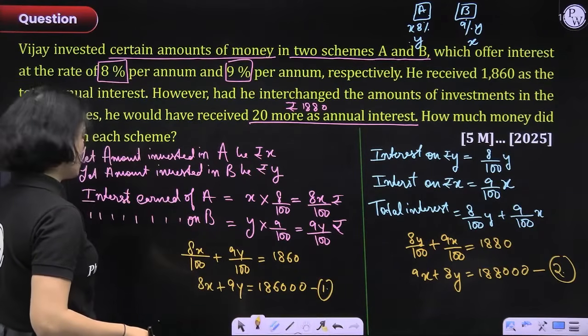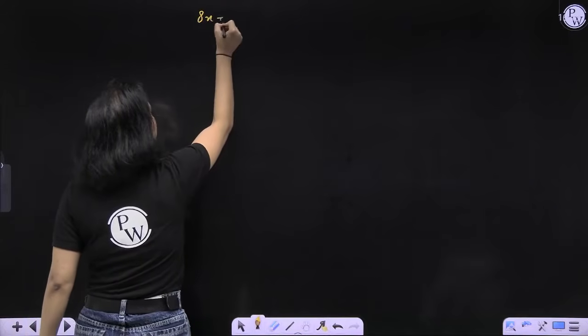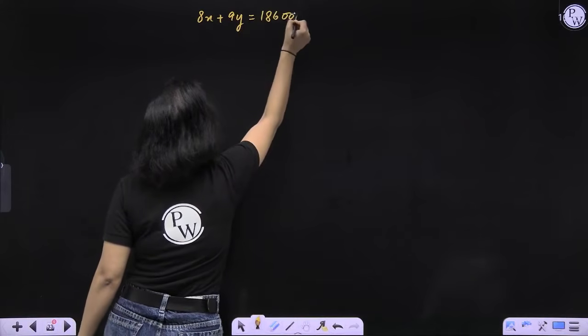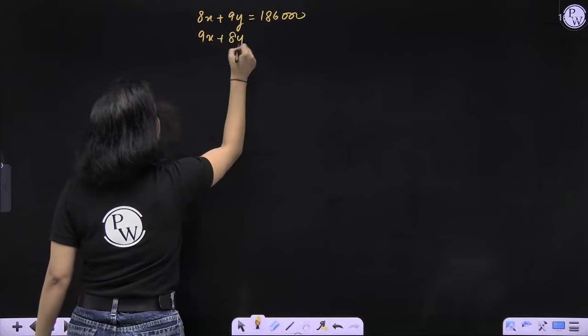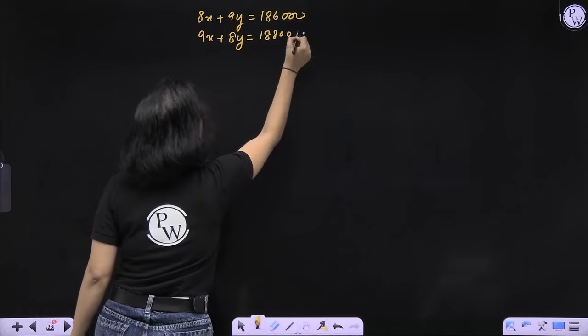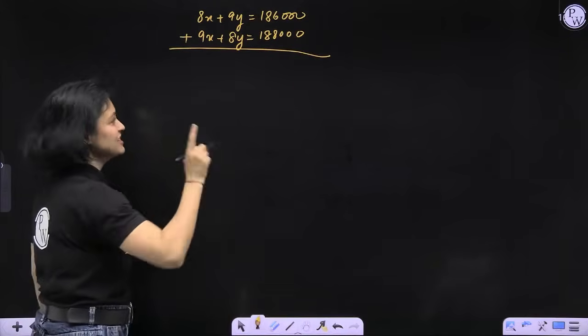Yeah, 8x plus 9y is equal to 186, then 3 zeros. And here we had 9x plus 8y is equal to 188, then 3 zeros. First, we will add both the equations, right? Remember, this is the first step.